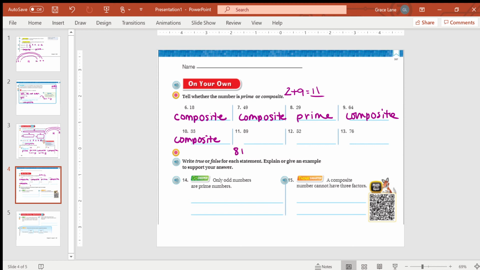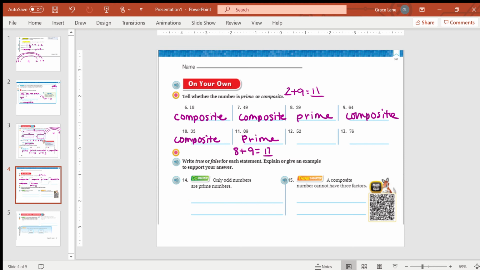If you do 8 plus 9, you get 17. Can 17 be divided by 3? No. That means that 3 is not a factor. Can it be divided by 9? No. That means that 9 is not a factor. And 6, it had to be divisible by 2 and 3, which it's not. So this number is prime.